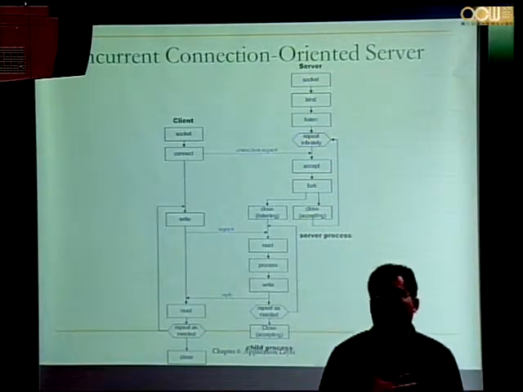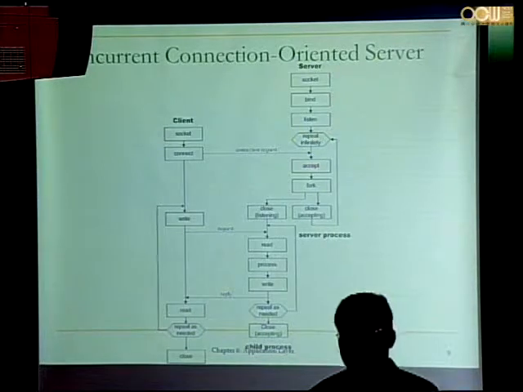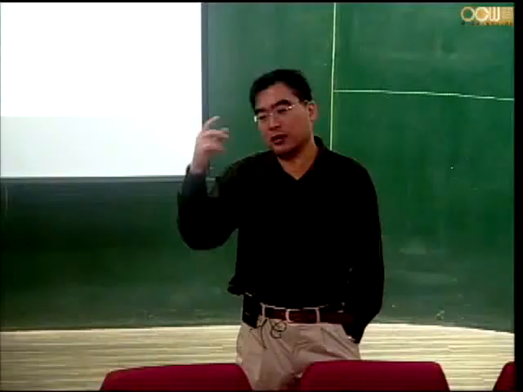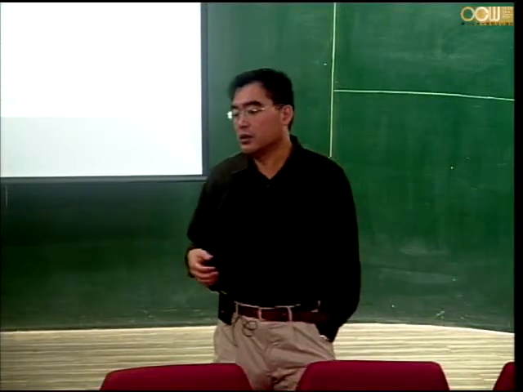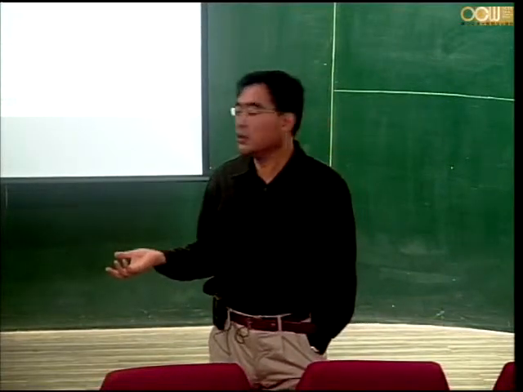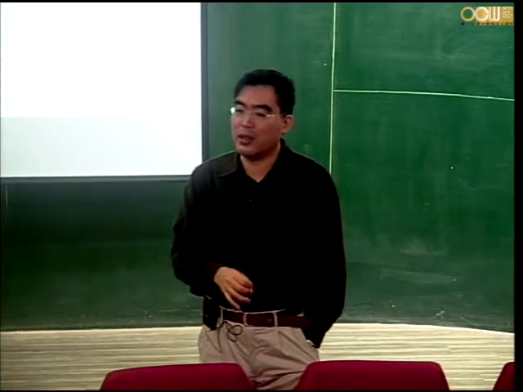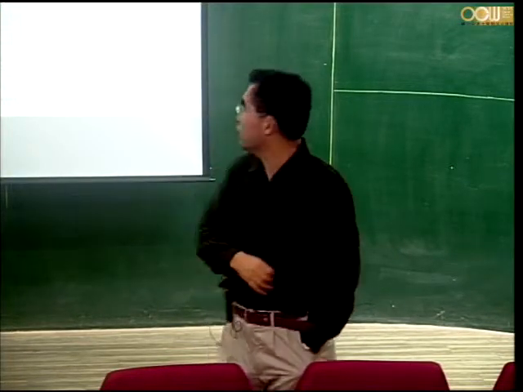As a parent process, I just listen and fork, and keep waiting for a new client. If a client comes in, I fork a child process and let the child process serve the client.